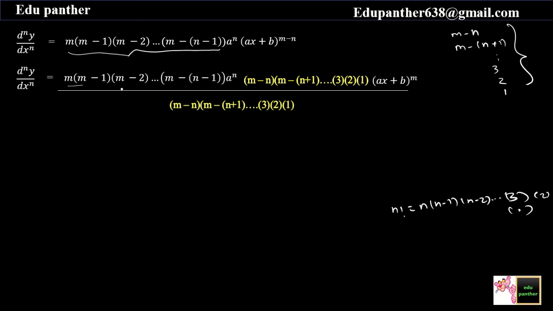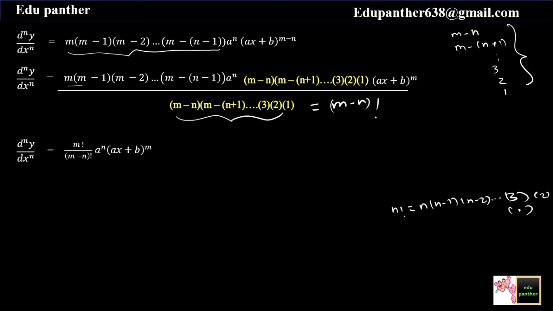So now notice your numerator. This product m, m minus 1, till 3, 2, 1, that is the definition of m factorial. So your numerator will become m factorial. In the denominator, notice we have the product starting from m minus n and going till 1. That means your denominator is m minus n factorial, into a raised to n, and then ax plus b raised to m minus n. Now this is the nth order derivative of your function ax plus b raised to m.